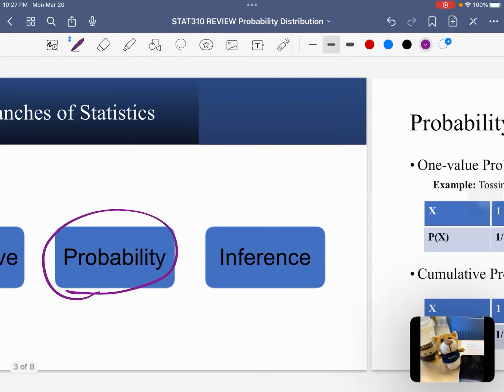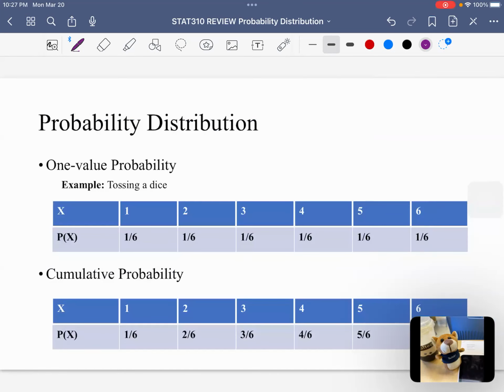So when you talk about probability distribution, there are two key concepts you need to keep in mind. One is the one value probability, and the other is cumulative probability. So let's look at these two examples. When you are looking at the example of tossing a dice, every face will have the same probability.